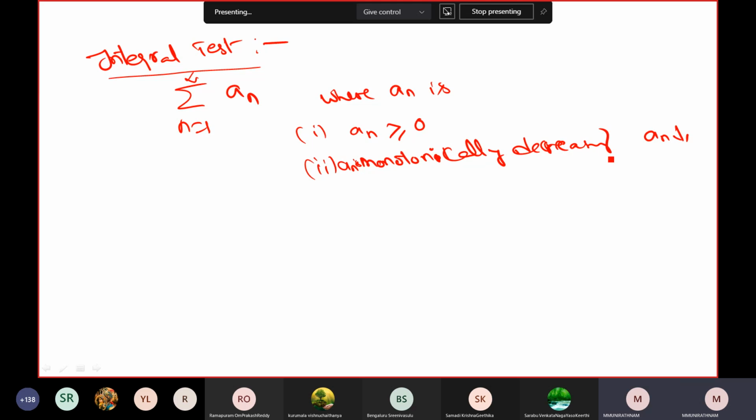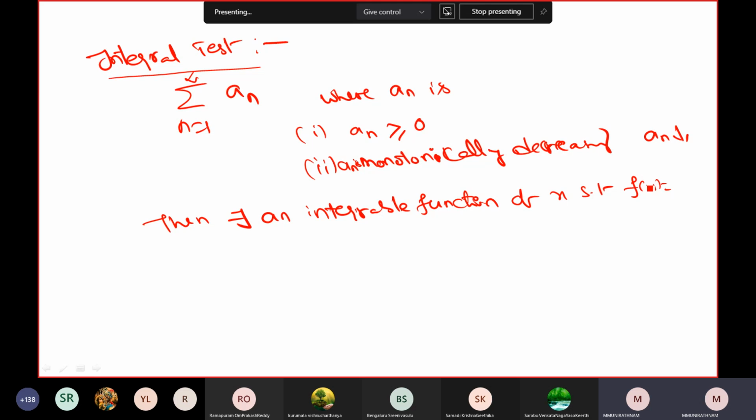Then there exists an integrable function f of x such that f of n equal to an, that is, f of x equal to ax, for all positive integral values of x.